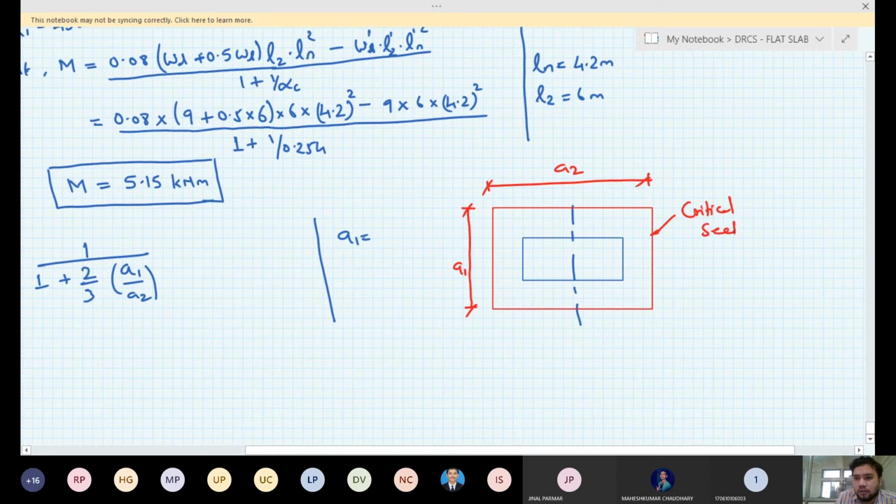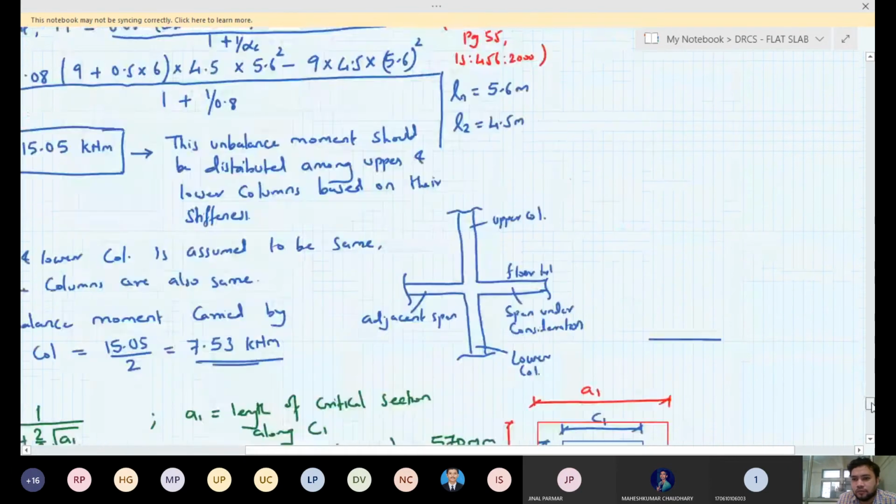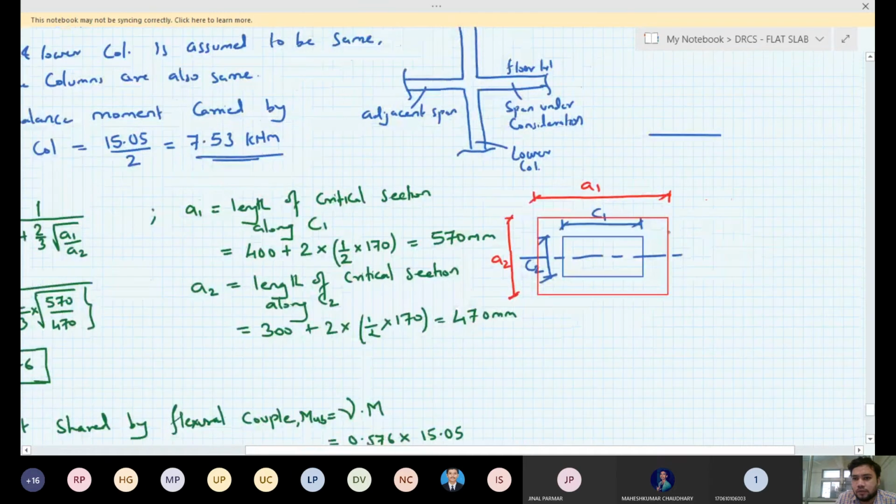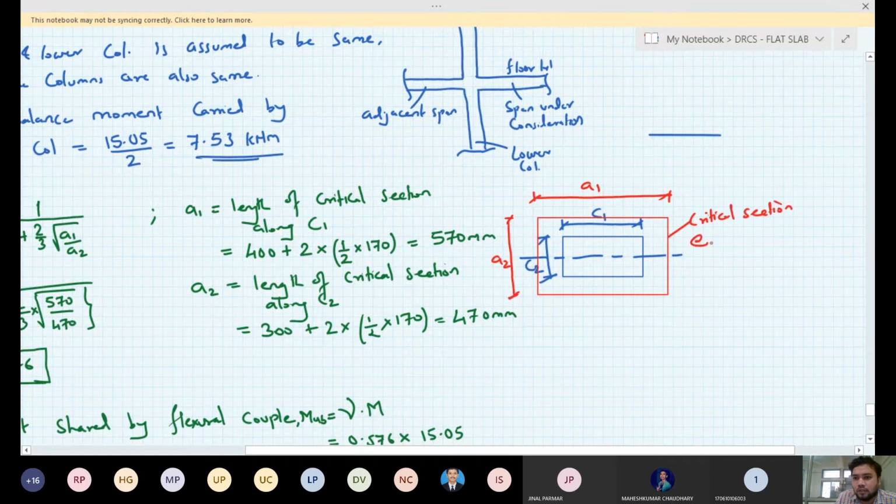Critical section, we assume it as 0.5 D from the column face. Okay, same way this is also the critical section at 0.5 D from the face of column.